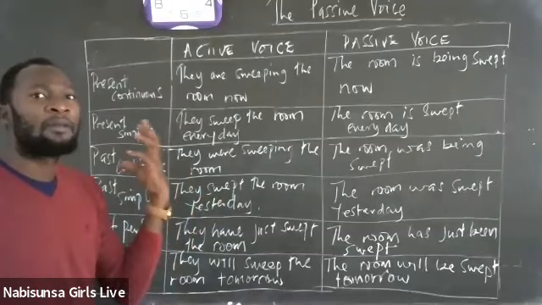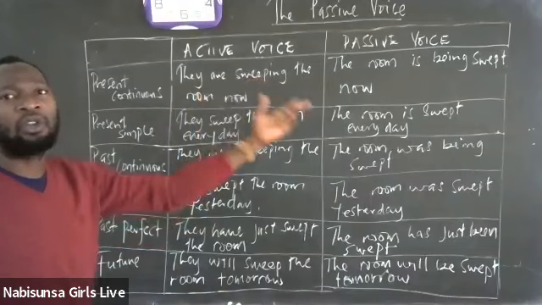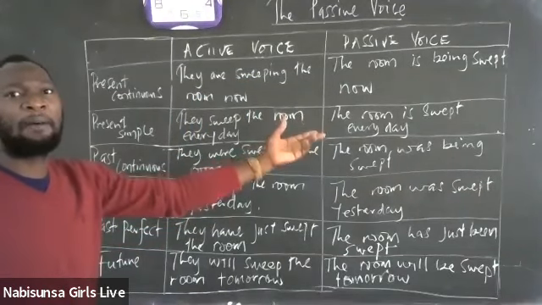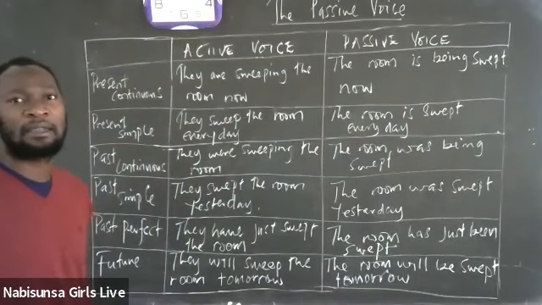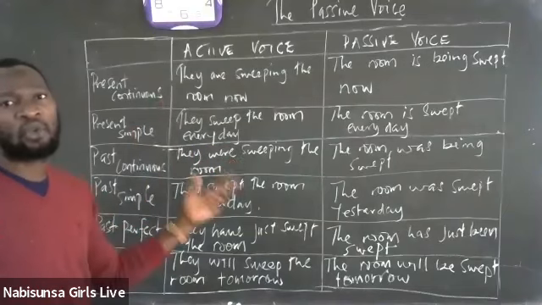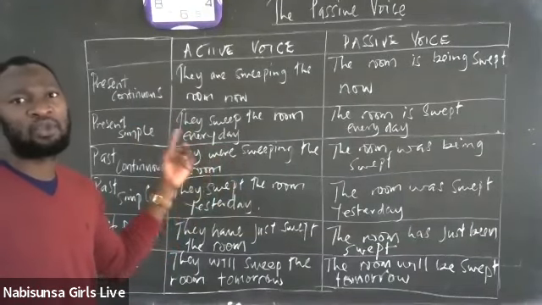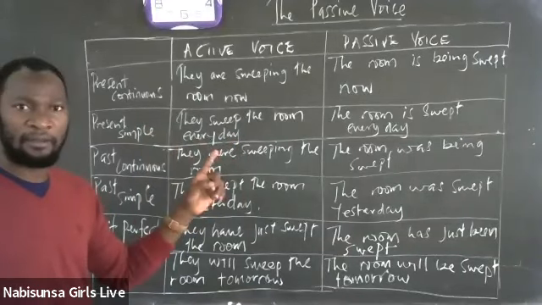Now, when we go to the passive voice, you see the subject they has been forgotten, and we have: the room is swept every day. They sweep the room every day. The room is swept every day.